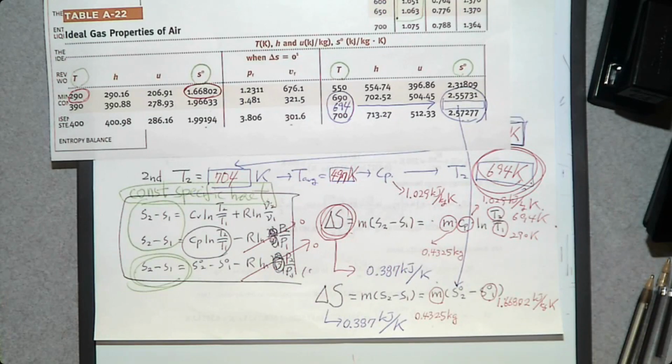So if you want to determine the total change, you need to multiply by mass to this entropy per unit mass. Okay? So this one is capital S. This one is lowercase s. So this lowercase s is capital S divided by mass.